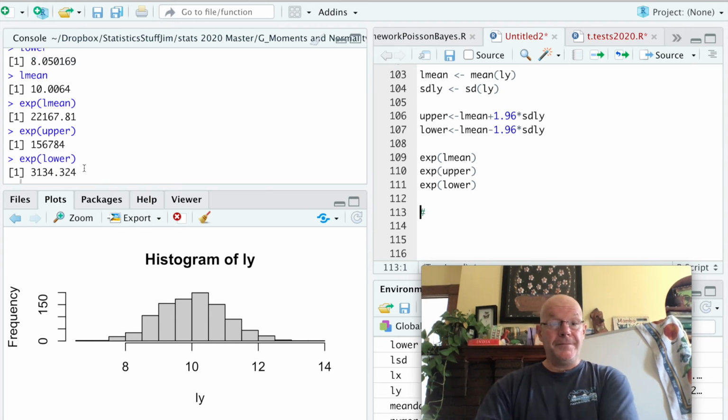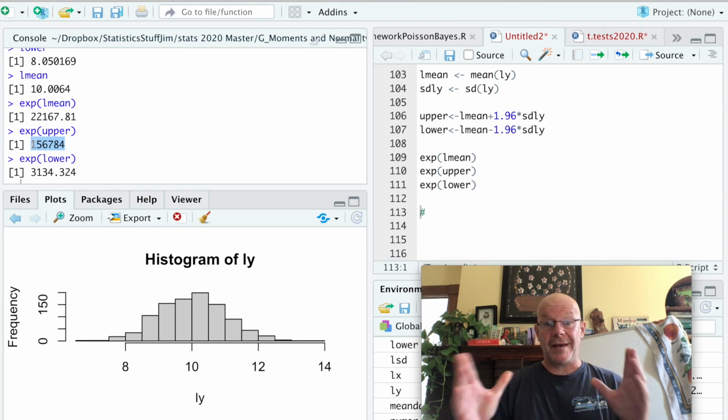And so you can see that it's asymmetrical, right? Here is our expected number, the mean of our data, we expect 95% of the data to fall between 3,100 roughly and 156,000.